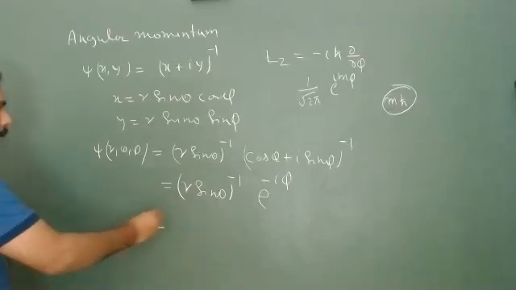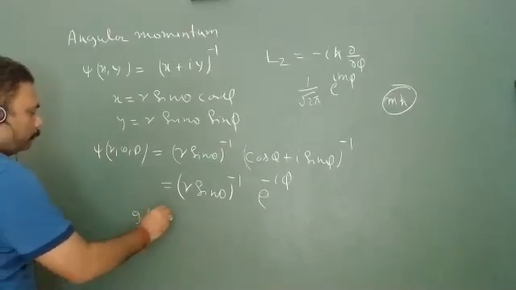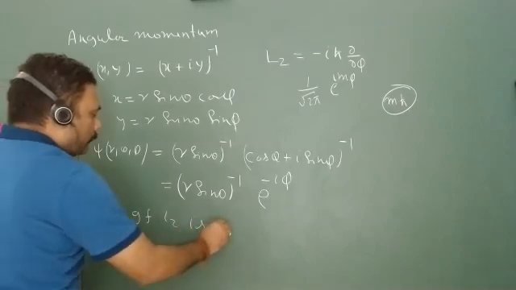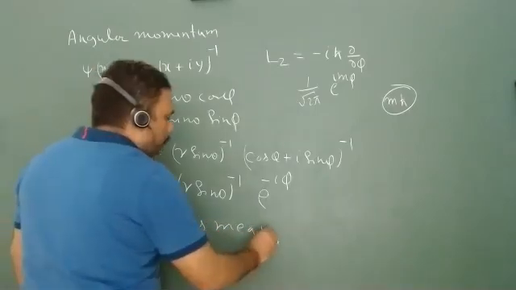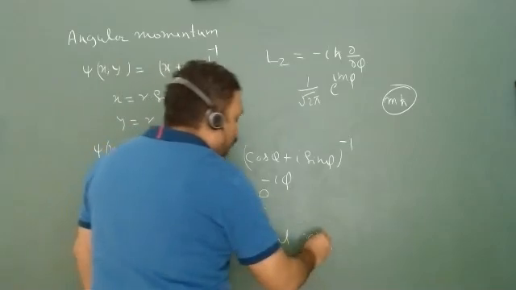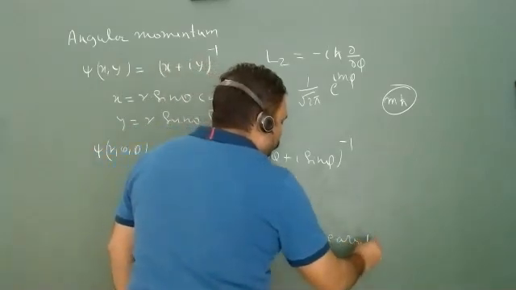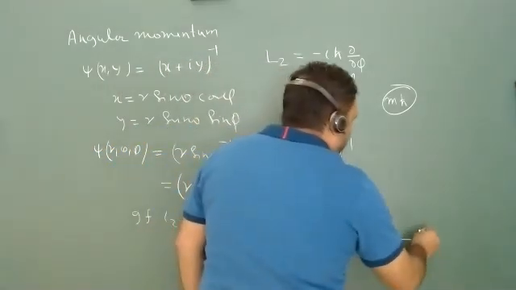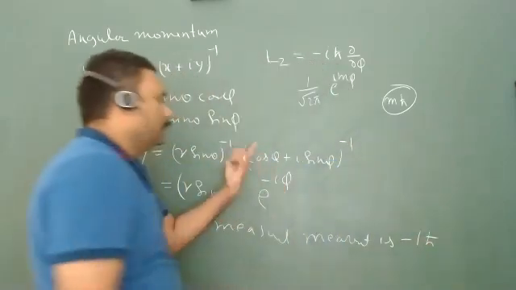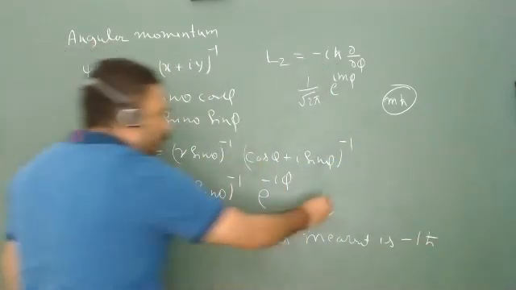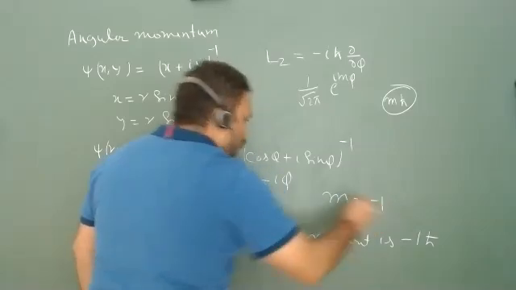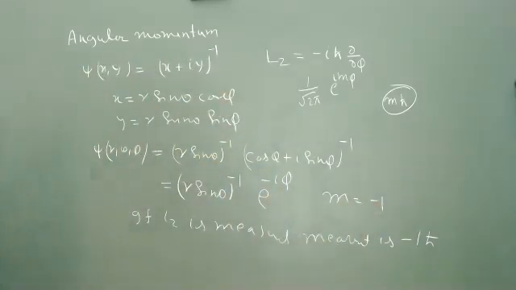-1. So your answer will be, if Lz is measured, the measurement is -1 h cut, because I can recognize here the value of m is equal to, sorry, -1. So this will be the answer. This type of question always comes in your examination, always. So don't worry about this.